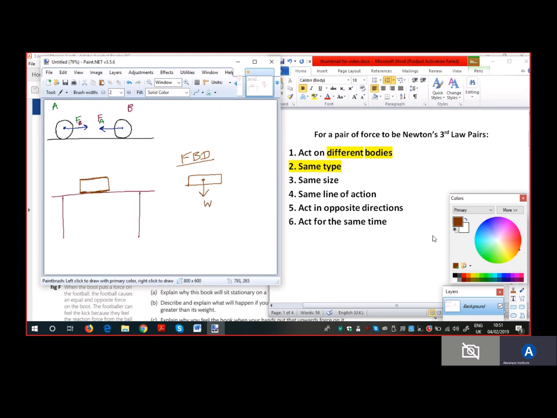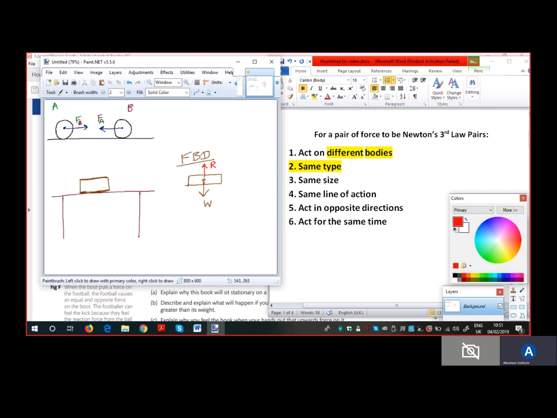The other is the normal reaction force, or normal contact force, exerted by the table on the book. Where the table is in contact with the book, there is a contact force. It has different names: normal contact force, normal reaction force, contact force all mean the same thing. Let's call that R. These are the only two forces acting on the book. This force is equal in magnitude to this one, and that's why the book is in equilibrium.